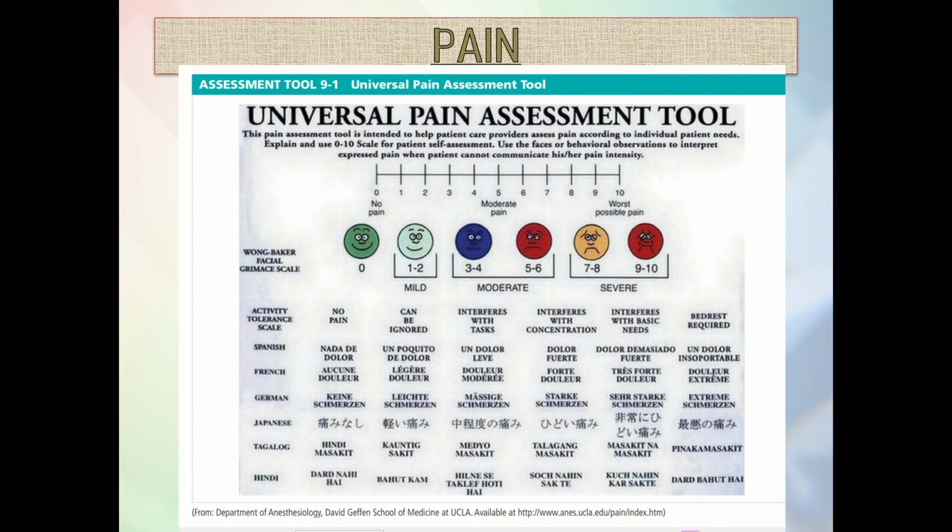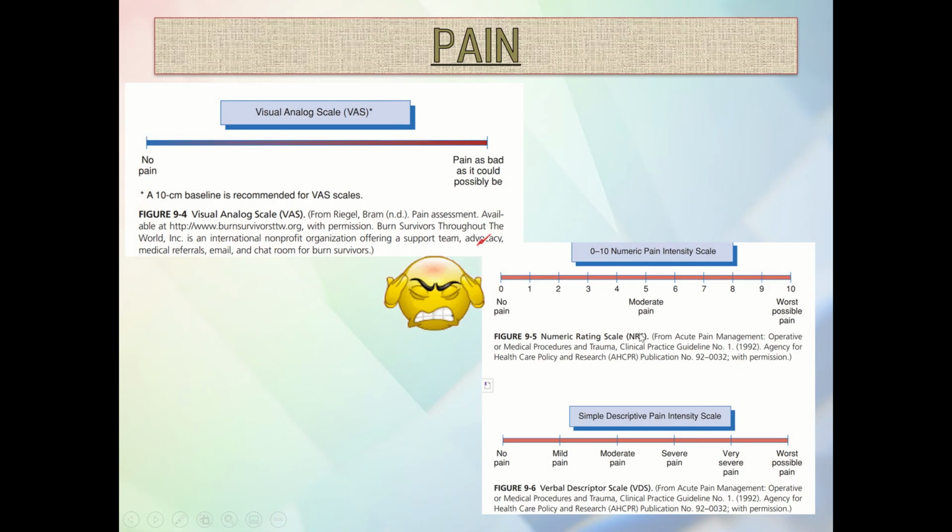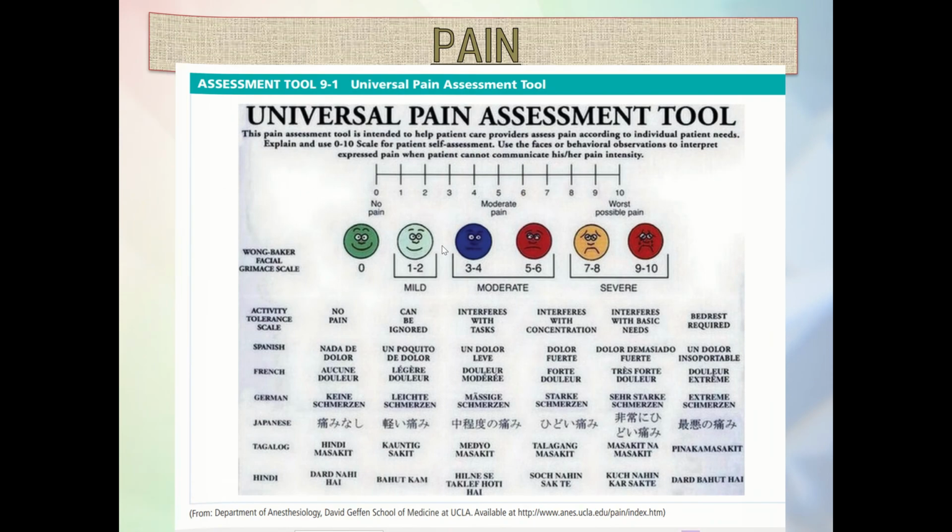And then the universal pain assessment tool. So this one has faces. Okay? Just like what we said earlier, the numeric rating scale. So that is the universal pain assessment tool. So 0 is no pain, 5 is moderate, and then 10 is the worst possible.